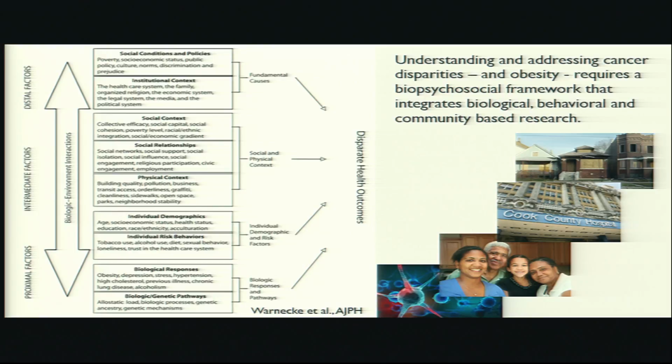It requires a biopsychosocial framework that integrates biological, behavioral, and community-based research, which I think of as sort of a cells to society approach. As you can see here, we start down here with the cells, up through the individual, physical and social context, and up to policy. For those of you who are familiar with the socio-ecological model, the need for interventions and for our research to be multi-level.